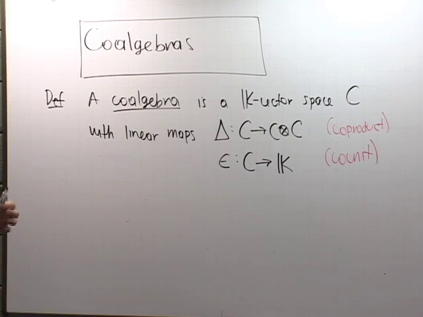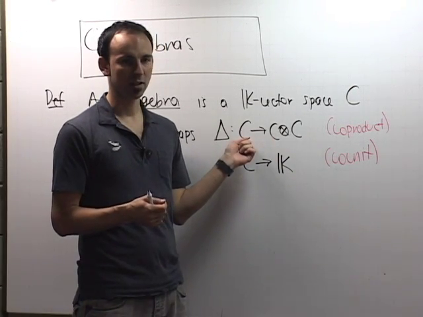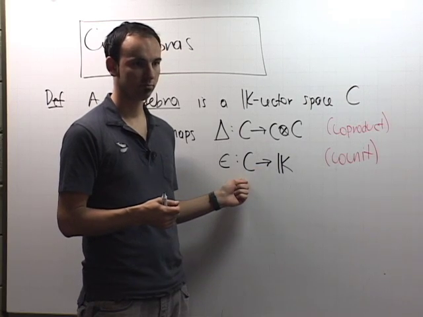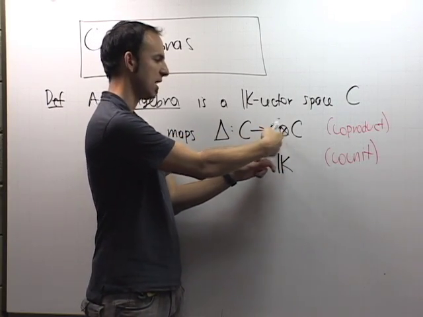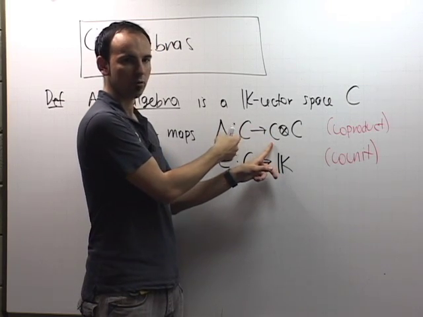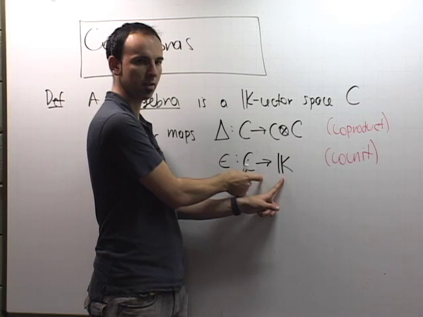And this should remind you that the way we define product, we define it to be a map from here to here, and we define the unit to be a map from here to here. Remember, product was taking A tensor A to A, and remember that the unit just told us how to embed the field into the algebra.